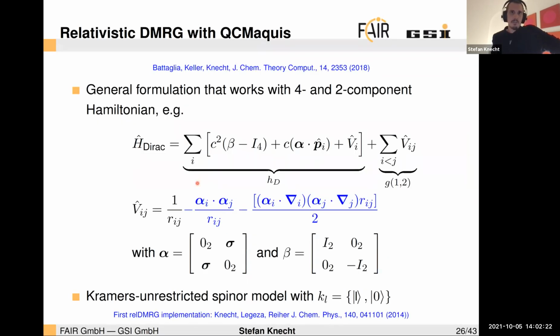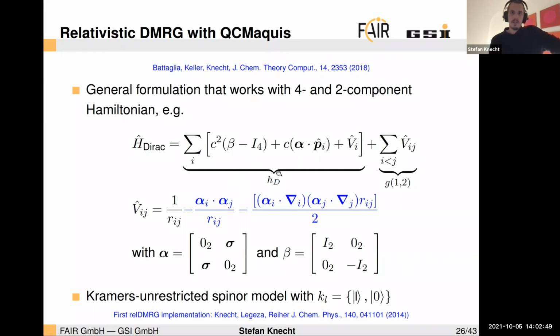The idea behind that is we want a general formulation that works with any 4- or 2-component Hamiltonian, where the one-electron operator is the Dirac operator as shown here, and the two-electron operator could be any two-electron operator. That could be, for example, the Coulomb operator. It could be the Gaunt-Breit operator itself.